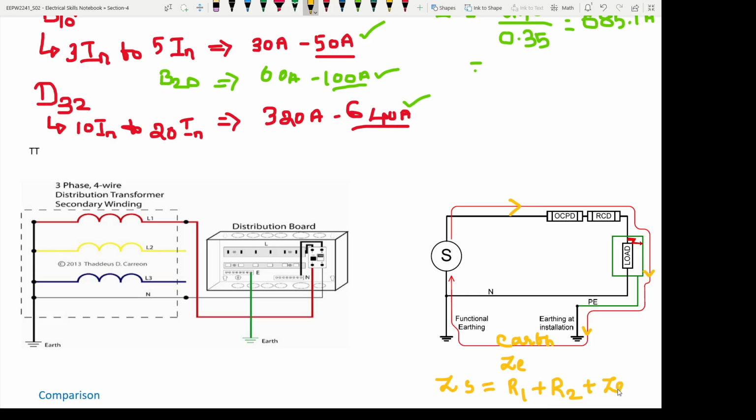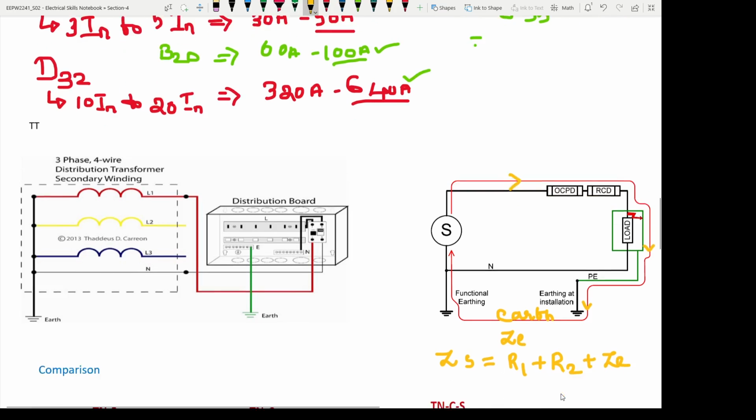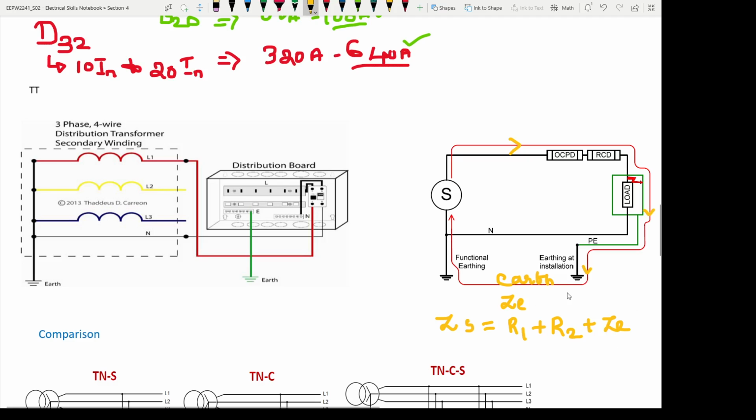So ZE is the additional parameter. ZE is the resistance of the earth or soil here. So depending upon the soil resistance, the ZS, the loop impedance, will change. If the loop impedance is very high, then obviously the fault current is going to be small.